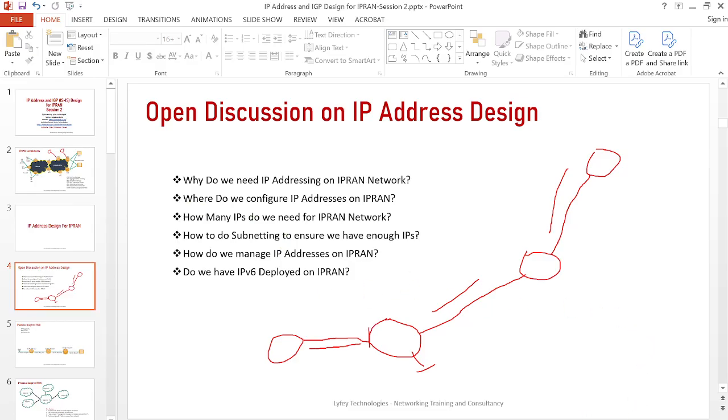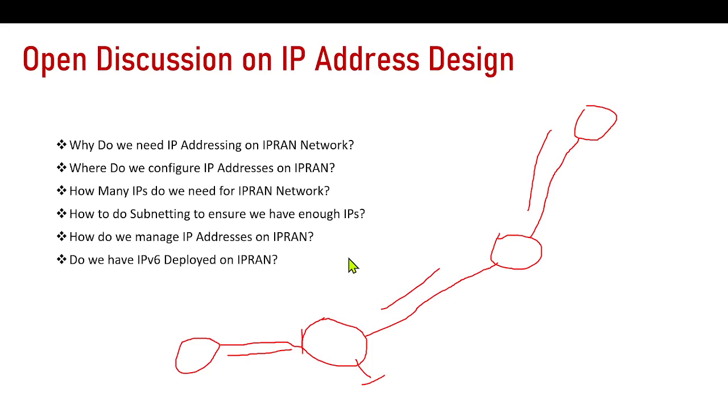Okay, so we'll move to the next point, how to do subnetting to ensure we have enough IPs. Of course, this depends on the number of IPs that you require, but I just wanted to hear from the team, how do you do subnetting for your IPRAN IP addressing? Which subnets do you use for the point-to-point connection?